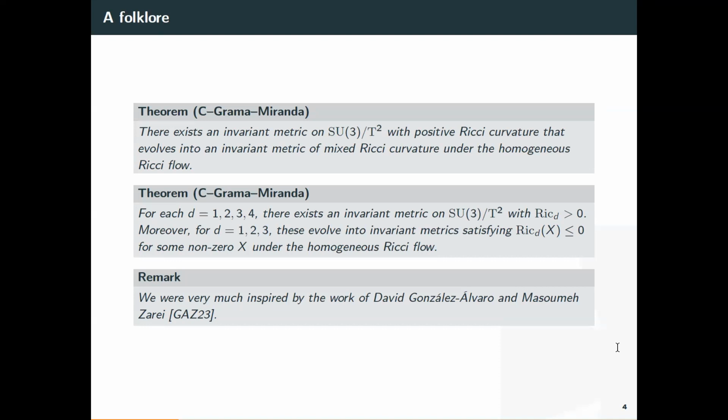Yeah, as I understand, here's the thing. On this work of David Gonzalez Alvaro and Masoumeh, of course, I think that she is here, she can correct me if I'm wrong, but they rely very much on this Böhm-Wilking work. And for their work, they use a very special kind of decomposition of the metric on flag manifolds by these isotropy summands. So you have nice formulas for the computations.